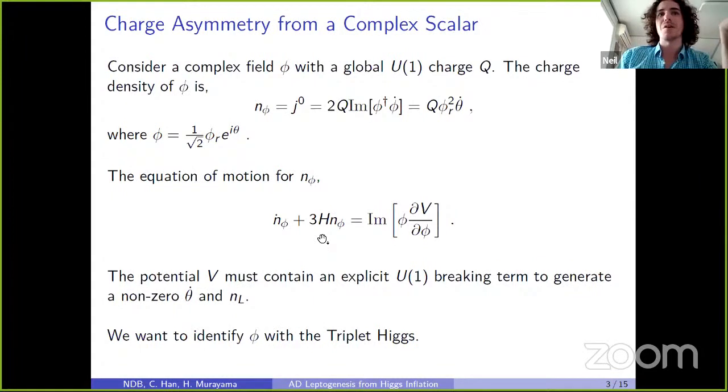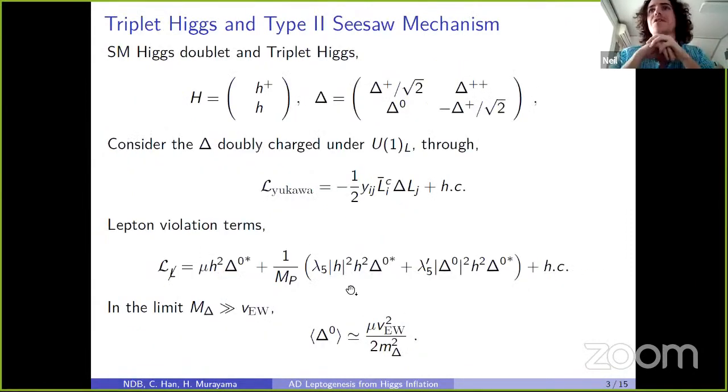So what we're going to consider here is if we consider this phi to be the triplet Higgs. And so the triplet Higgs is quite a natural extension of the standard model and is a key component of the so-called type 2 seesaw mechanism. So in this framework, we would have the standard model Higgs doublet here and some additional triplet Higgs given here.